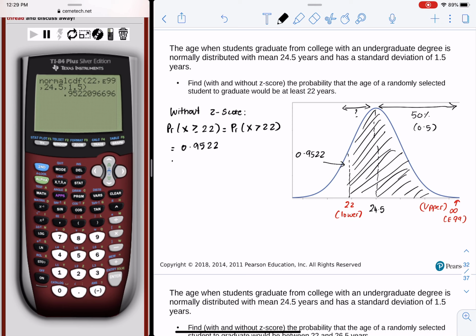With the z-score, we first have to convert the observation to a z-score, and we can do that using this formula, x minus mu over sigma, which would be 22 minus 24.5 divided by 1.5.